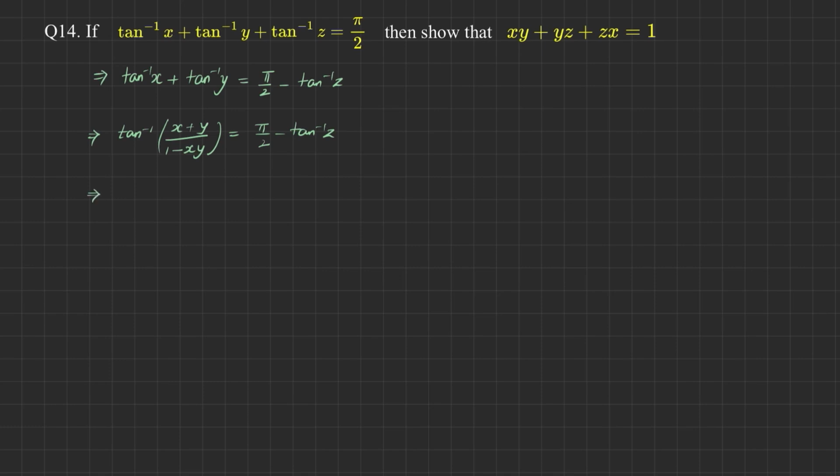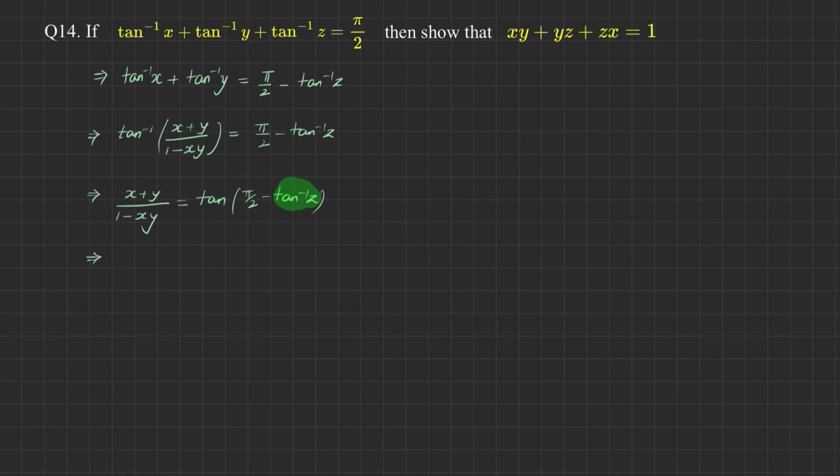So operating both sides by tan, we will get (x plus y) by (1 minus xy) equals tan of (pi by 2 minus tan inverse of z). Now considering this as angle theta, we can write tan(90 minus theta) is cot theta.